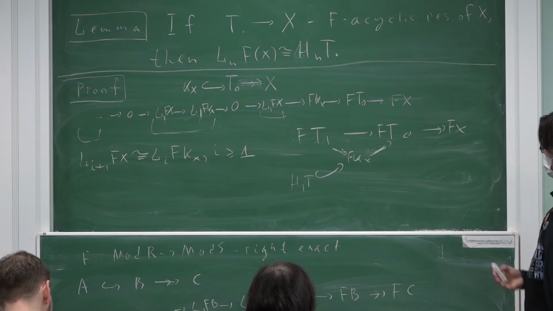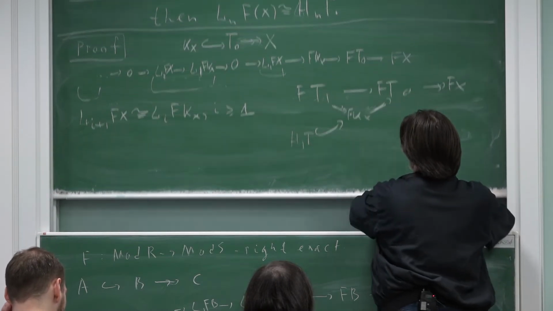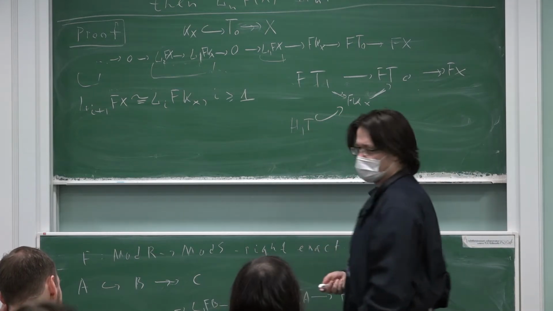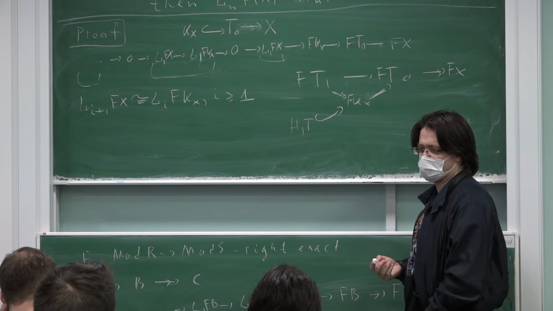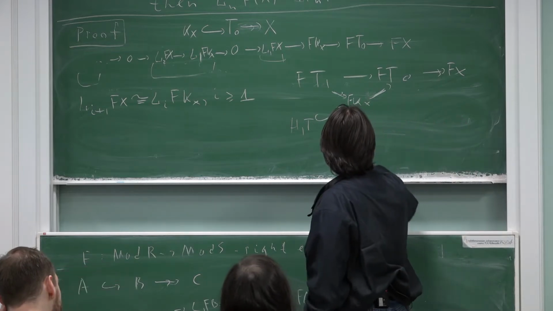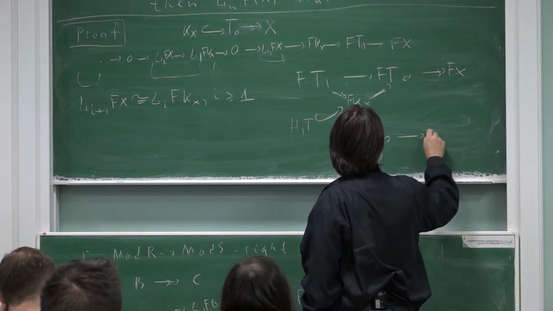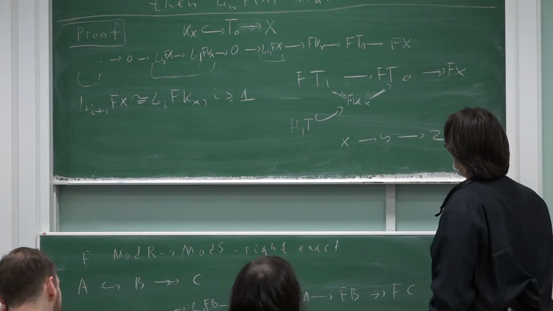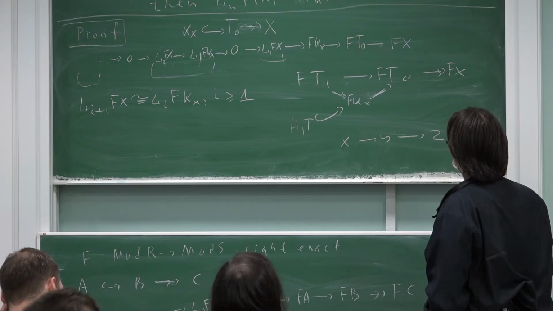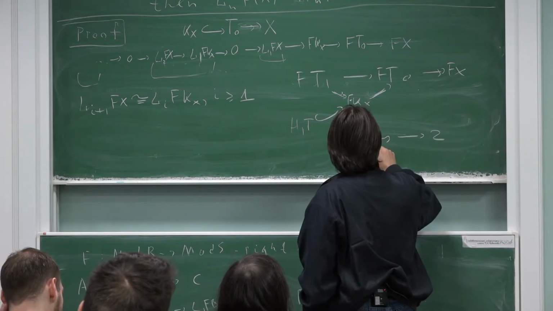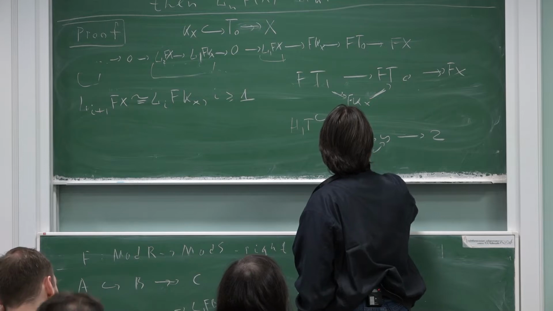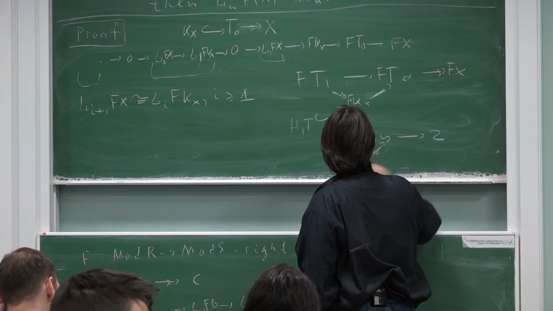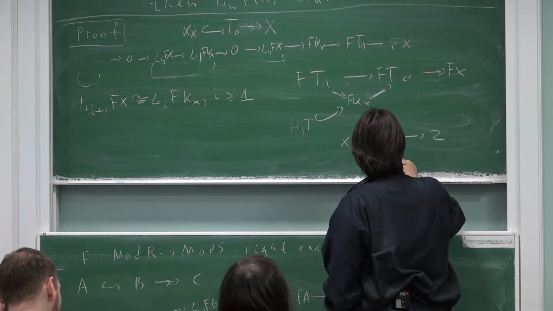It is a general fact, I told about this, but I don't remember if at seminar or at lecture, that if you have like X, Y, Z, and you want to compute the homology, you can take here the kernel, here the image, and take the cokernel of this.